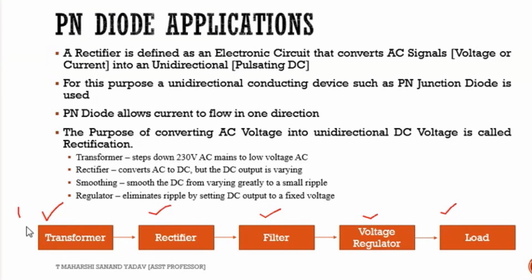Will the transformer take AC or DC? AC. It receives 230 volt and 50 hertz, which is the voltage and frequency received by the transformer.